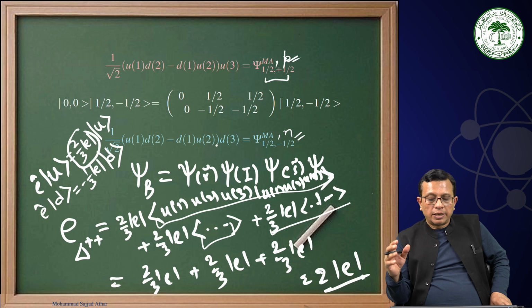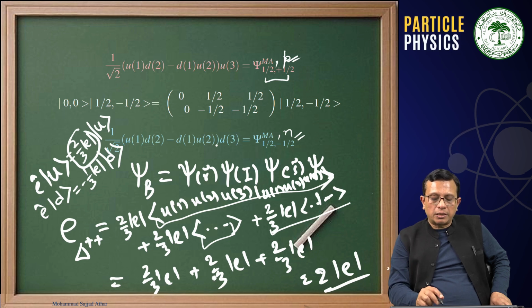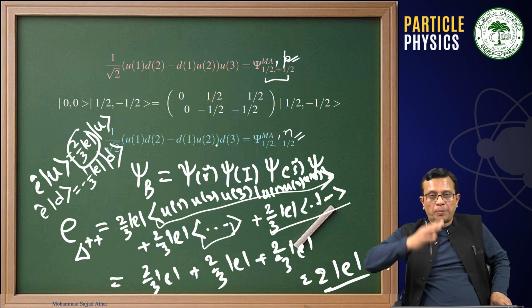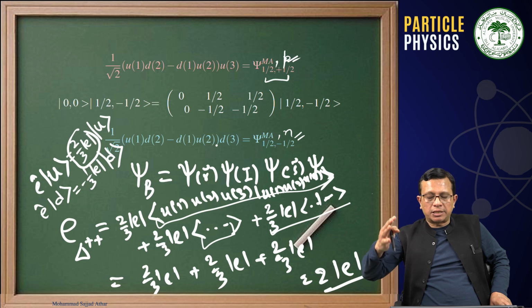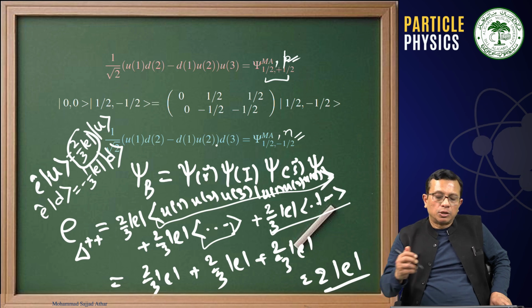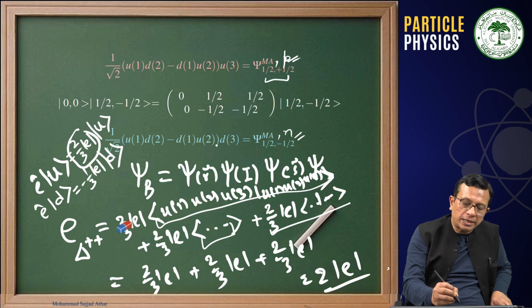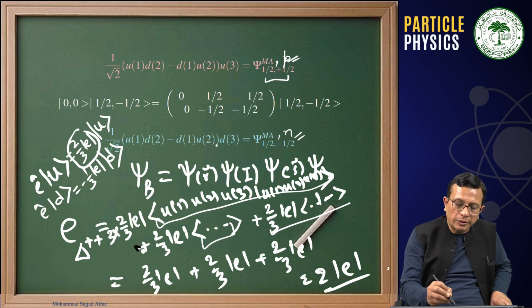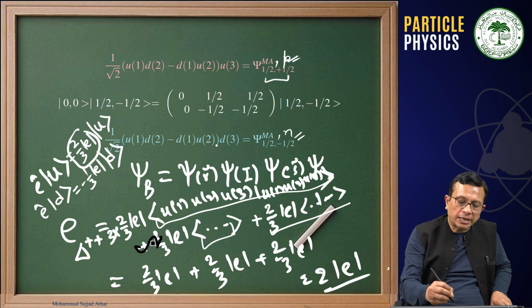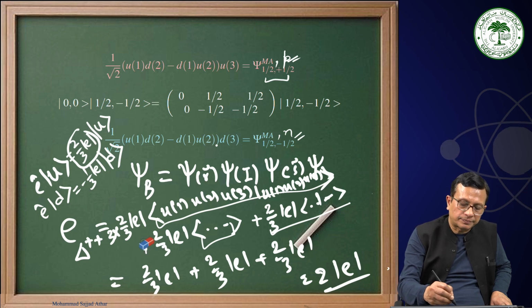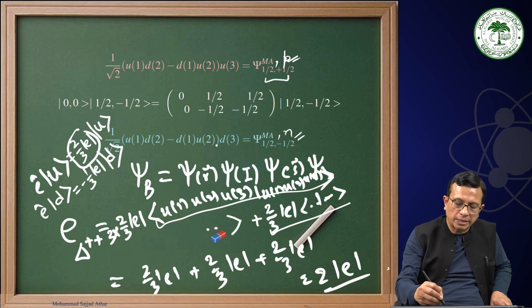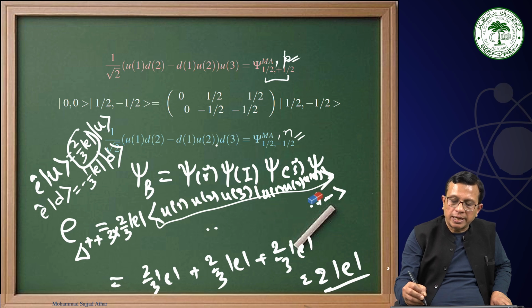Now, instead of evaluating individually the particle in state 1, the particle in state 2, and the particle in state 3, you can verify that equivalently if I multiply by a factor of 3 and only evaluate the particle which is in state 3, or for that matter in state 1, then you will get the same result.